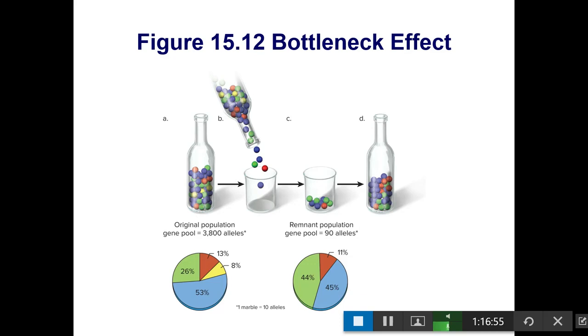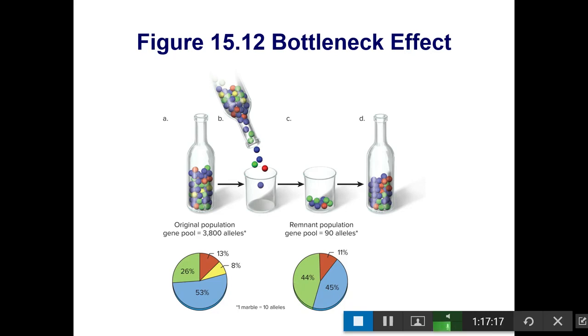So to represent the bottleneck effect, if we were to take this bottle, turn it upside down, and only allow a handful of marbles to come out, and then count up all of the different colored marbles, we would see there are 44, and this is hypothetical, of course.